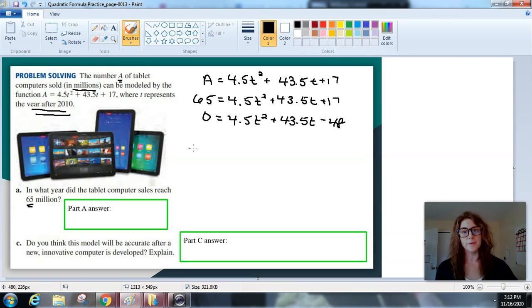All right, we're going to start by finding our discriminant. Again, I know my A is 4.5, my B is 43.5, my C is negative 48. My discriminant comes from B squared minus 4AC.